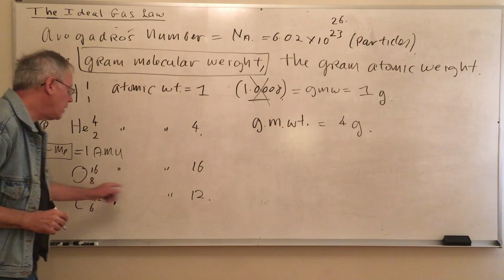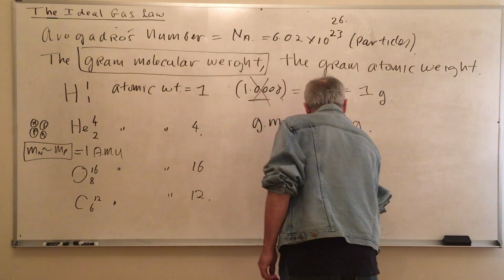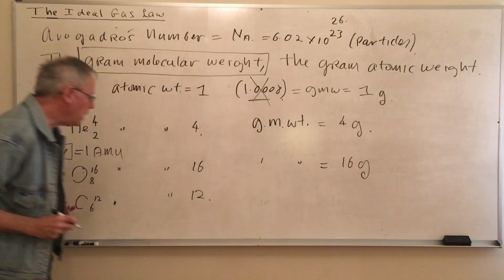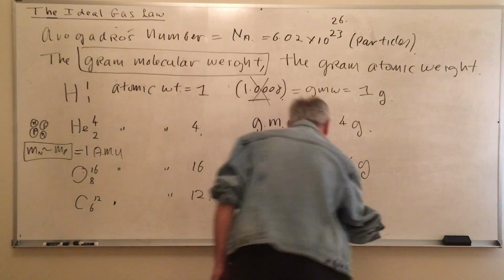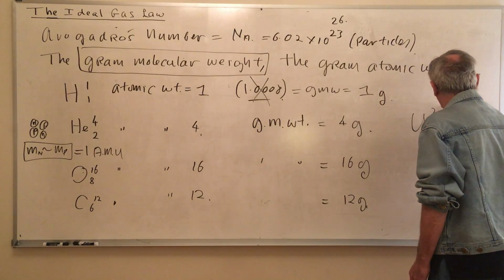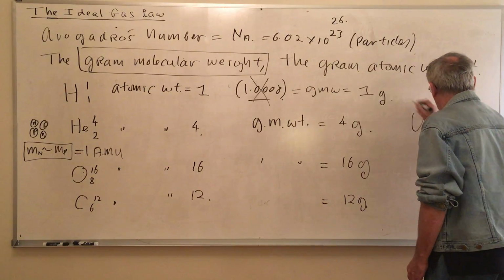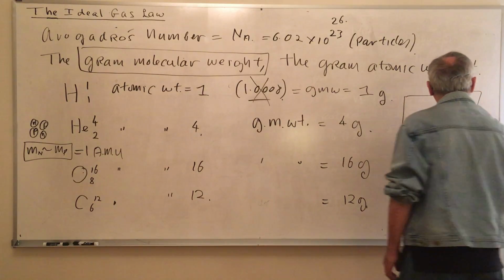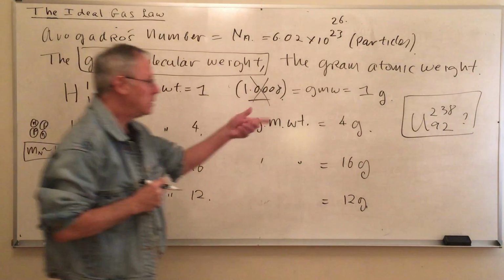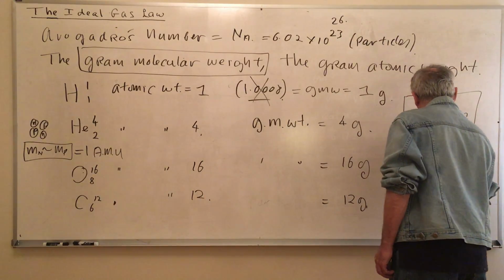The gram molecular weight of oxygen is 16, the gram molecular weight of carbon is 12. Therefore, what is the gram molecular weight of atomic uranium? Answer, 238 grams.